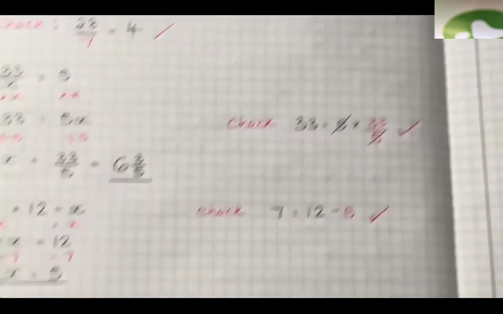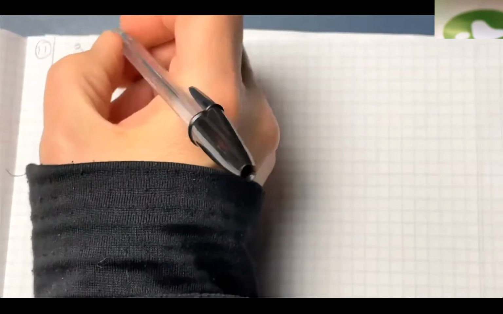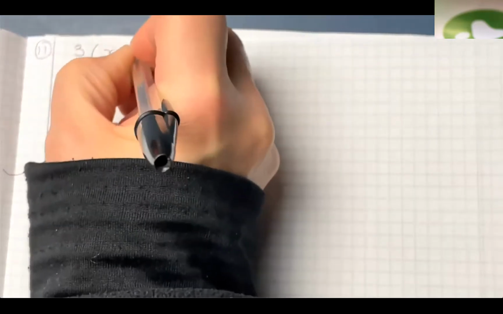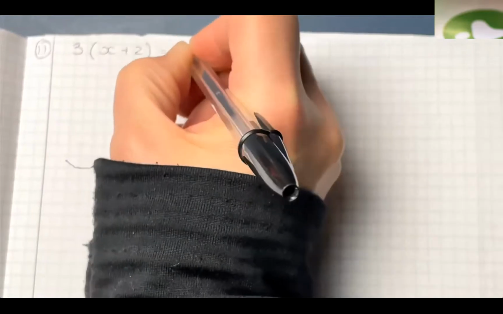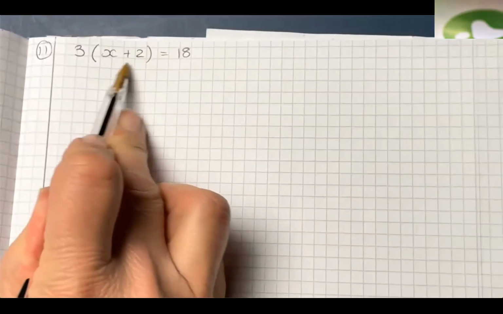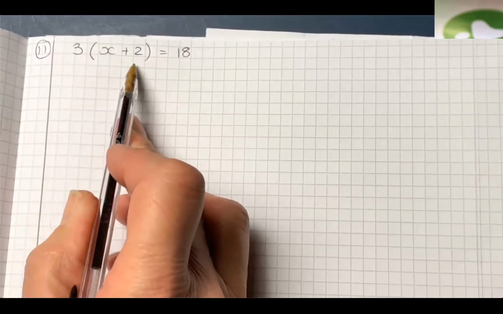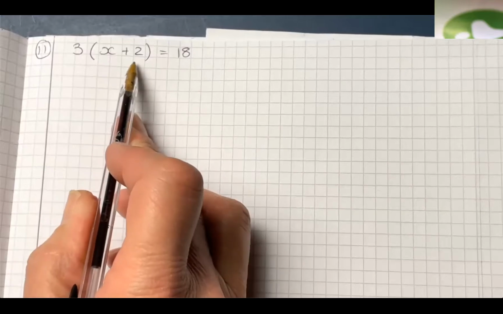Let's have a look at one where I've got some brackets. Got a couple of different options here. So let's write the question out first. I've got 3 lots of x plus 2 equals 18. So 3 lots of x plus 2 means I've got 1 lot of x plus 2 and another lot of x plus 2 and another lot of x plus 2.